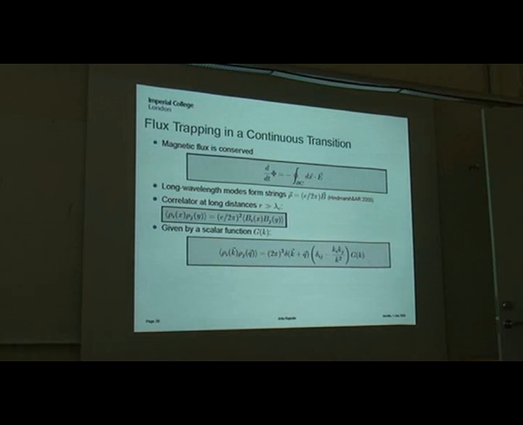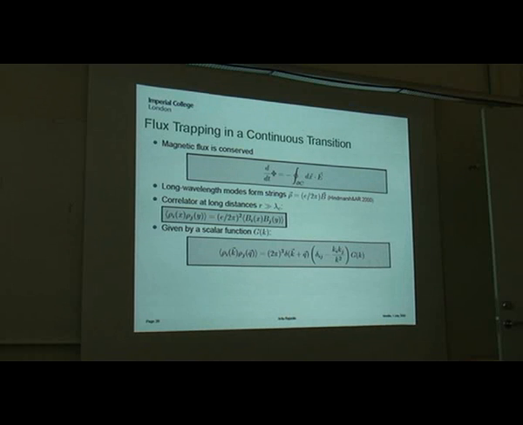What is this critical lambda here? Well, that's a question which I won't really try to answer in this talk. It depends on the dynamics. So it's something you would have to calculate for any particular system separately. But in general, you know that there is some critical length. It can't be infinite, and it can't be zero.